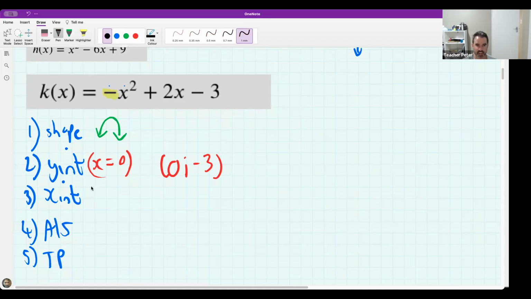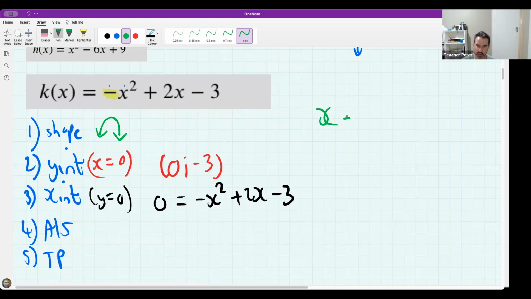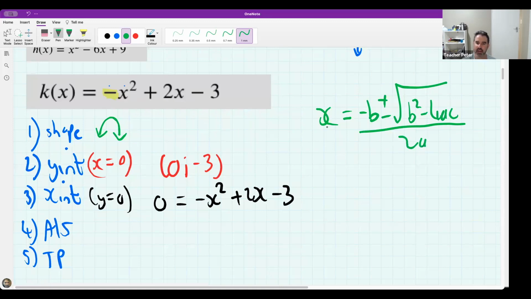Now to find the x-intercept, we know from straight lines, we just make y equals naught. And what this gives you is a quadratic equation. Now, you practiced these earlier in the year, and you will often use the formula minus b plus minus the square root of b squared minus 4ac over 2a.